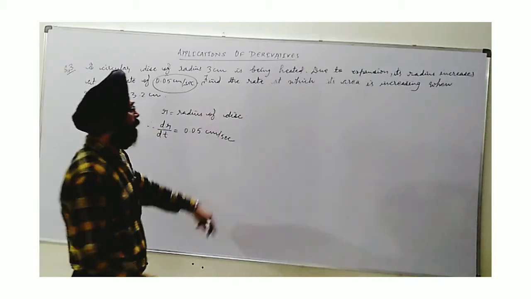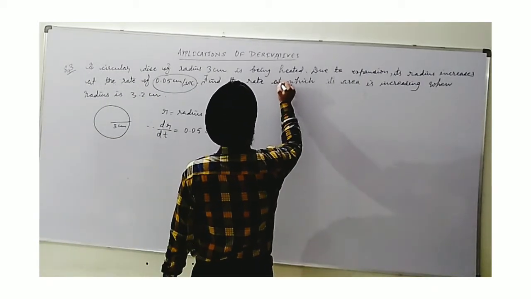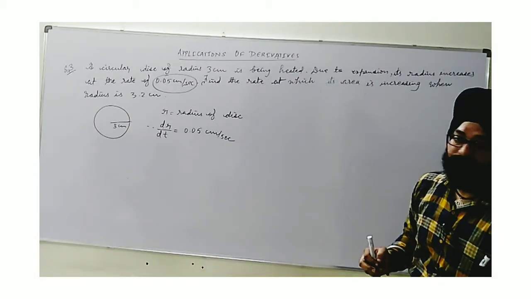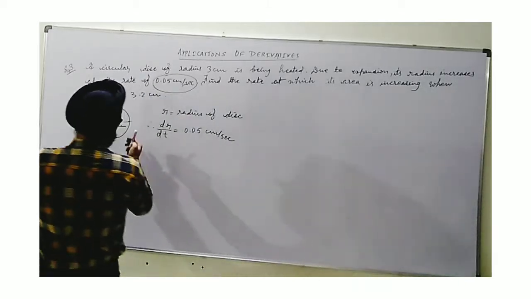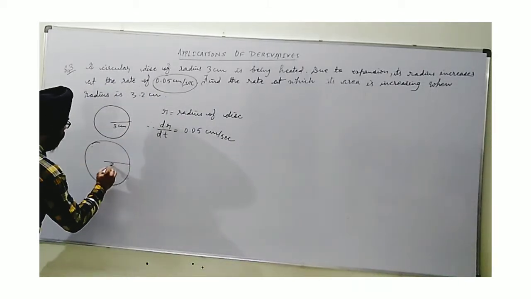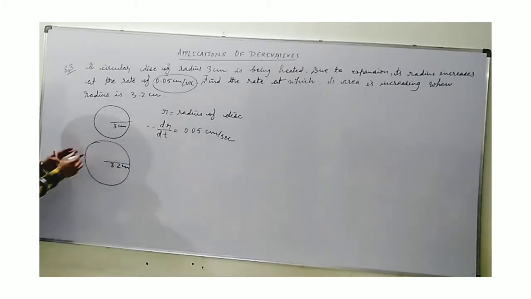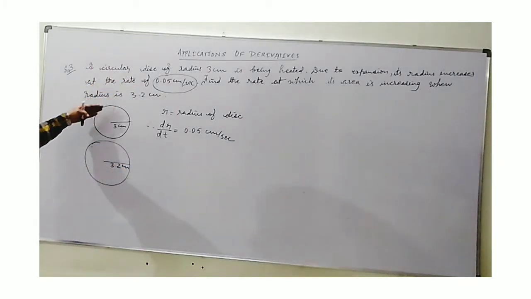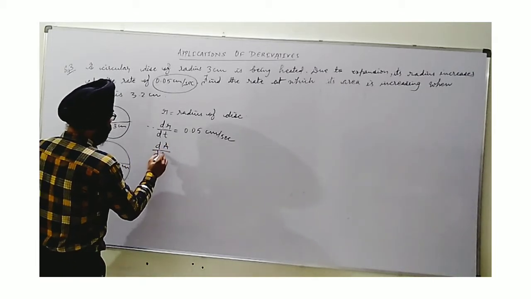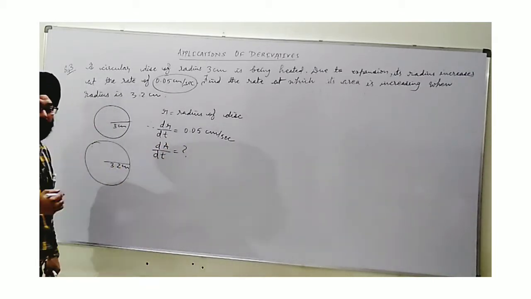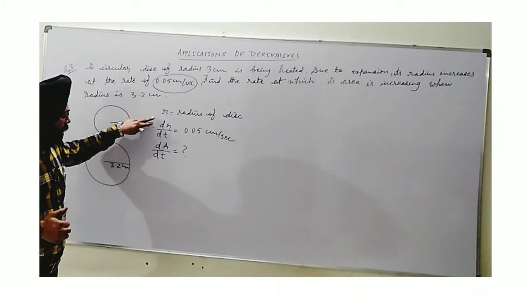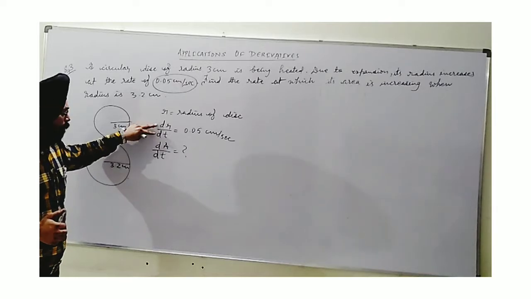We need to find the rate at which its area is increasing when radius is 3.2. Means after a particular time, when radius becomes 3.2 centimeter, in this condition, we need to find the rate of change in area. Means our equation will be, if area is A, dA by dt. We need to find this. Here we are given the change with respect to time of radius.